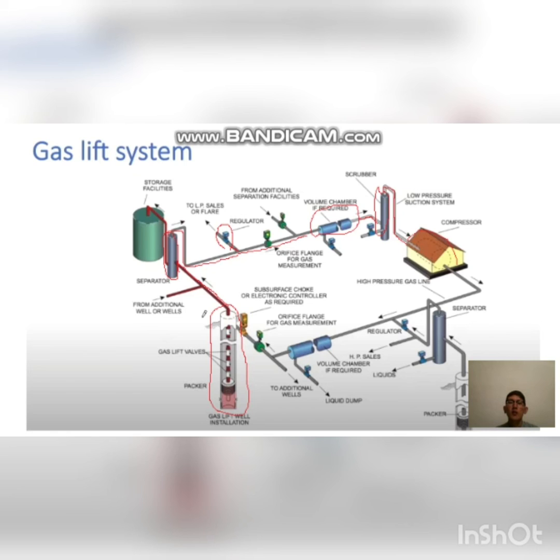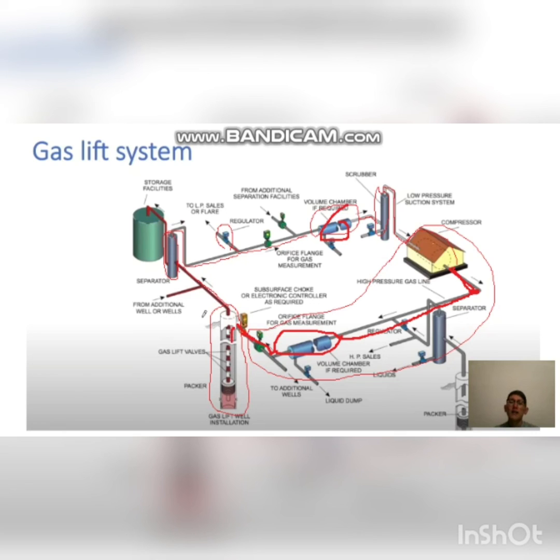Then our compressor will convert low pressure gas to high pressure gas, and from the compressor starts our third network that is called high pressure gas network. So from the compressor our gas goes to the volume chamber, here also a volume chamber is located, and to our well.